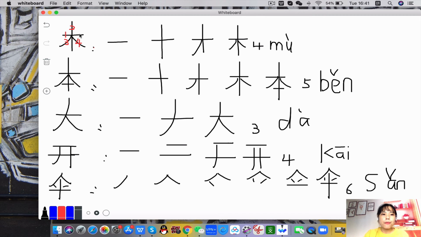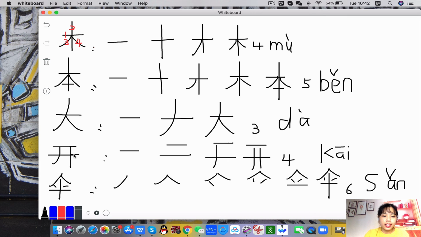The first is 木. The second we call 本, 书本的本. This is 大, 大小的大. This we call 开, 开心的开. Oh, do you notice this 横 is shorter than this 横? So you need to remember this.